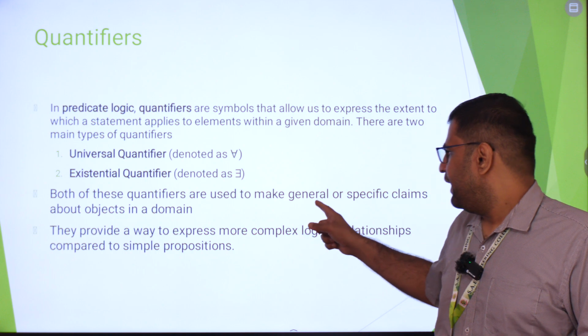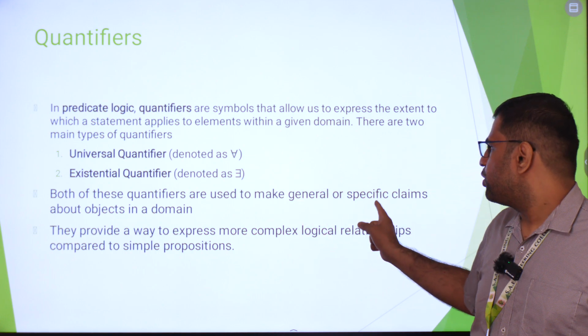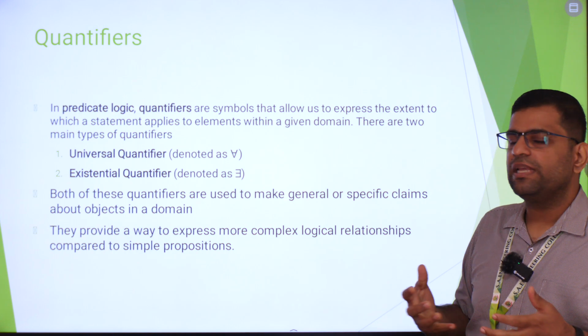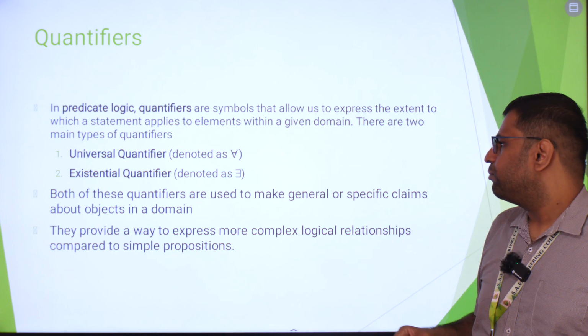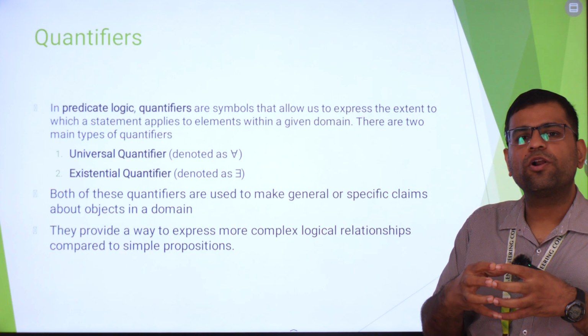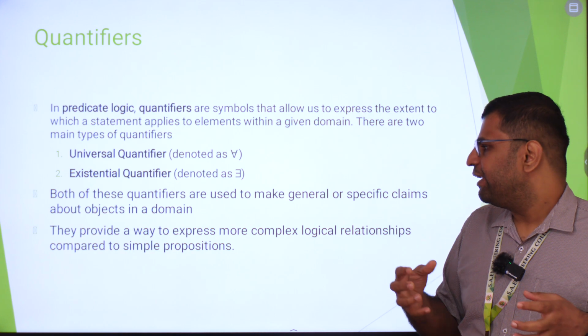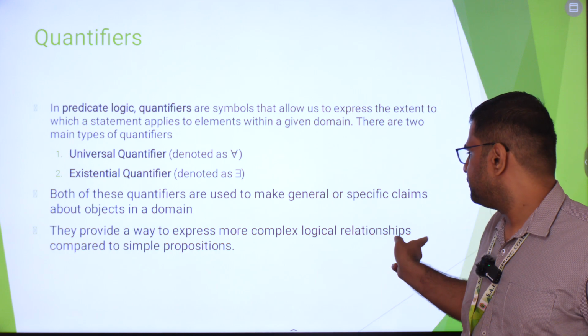So it helps us make either general claims, which is universal, or specific claims, which is existential, in a domain. And it helps us build more complex logic from very simple propositions.